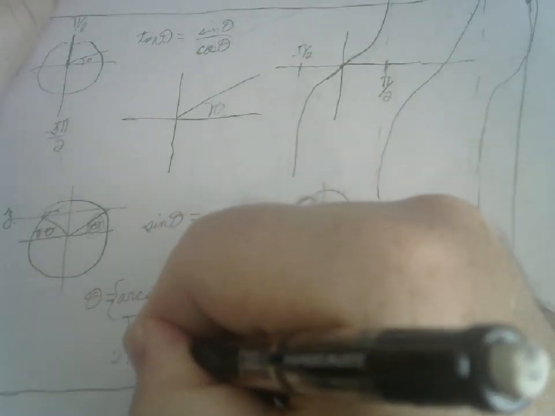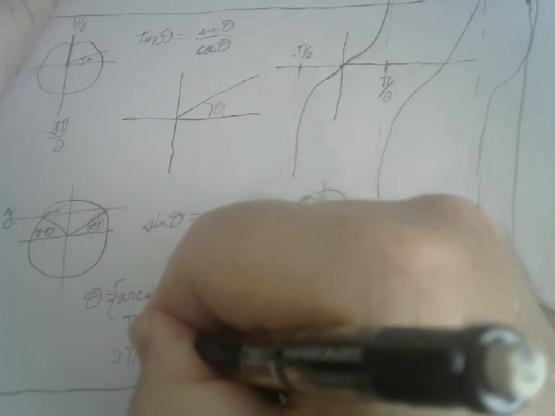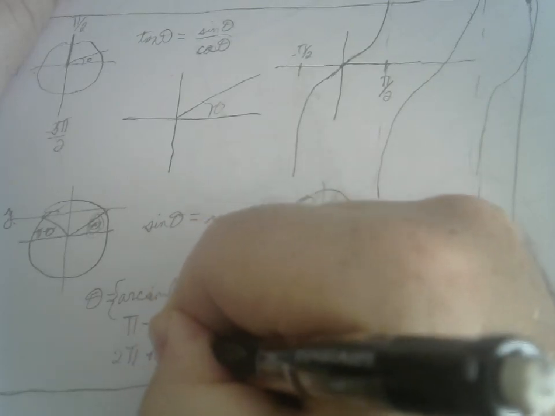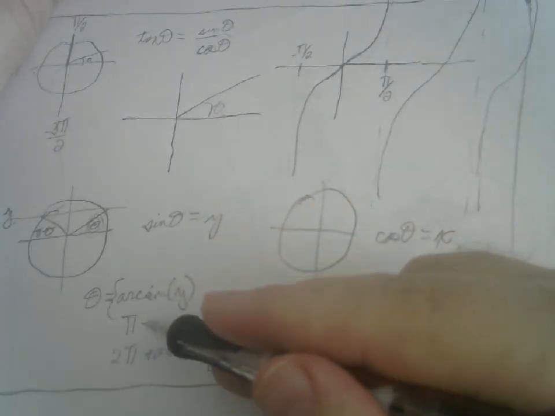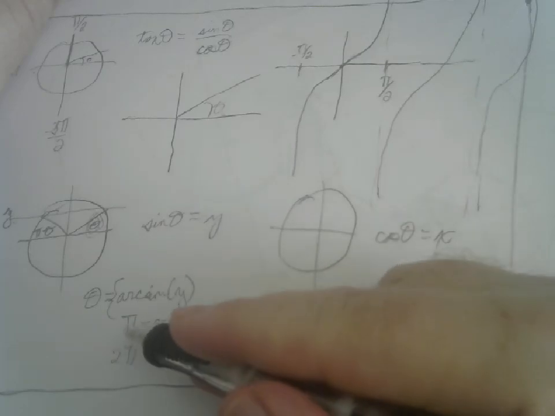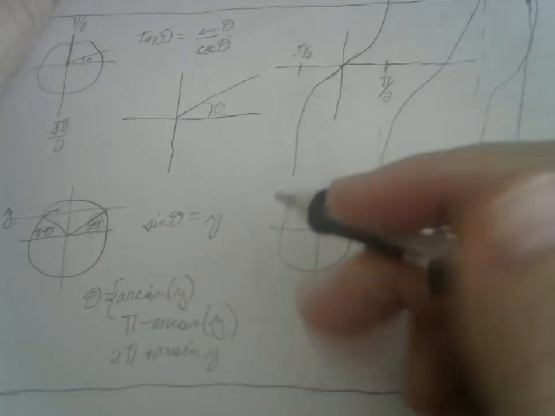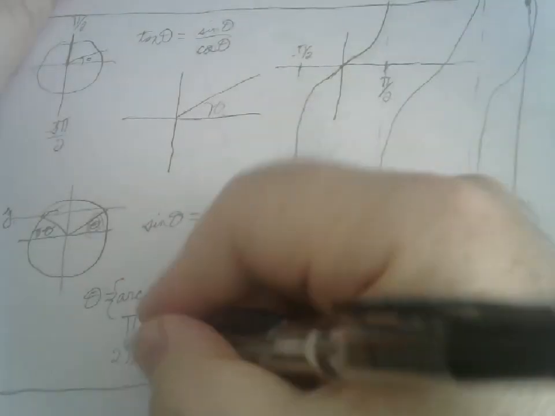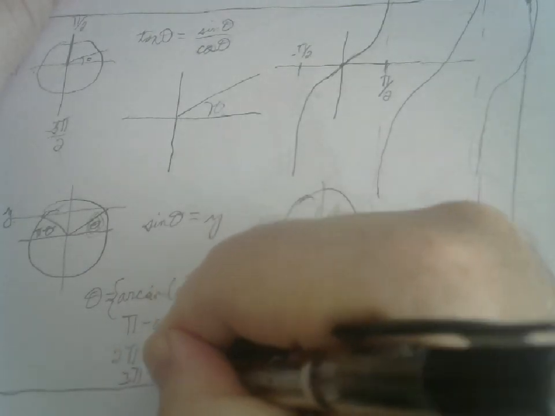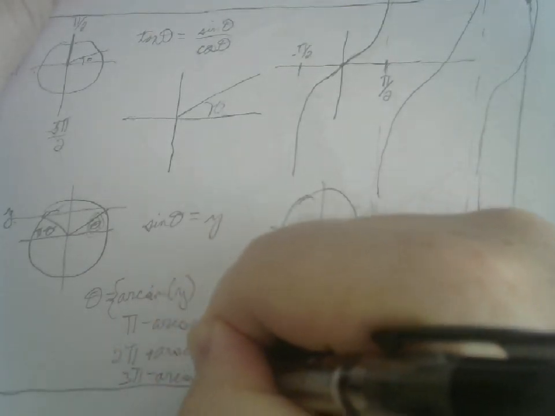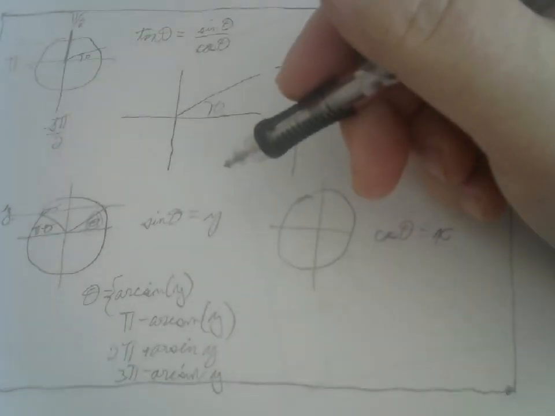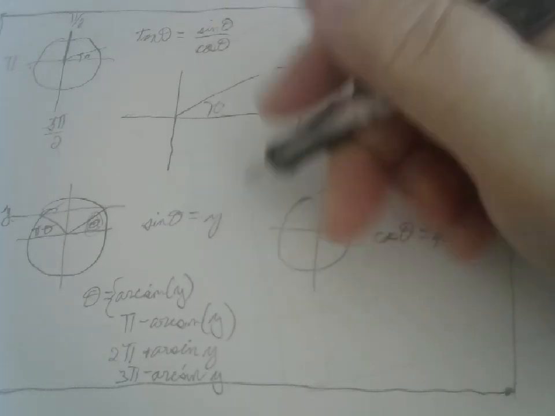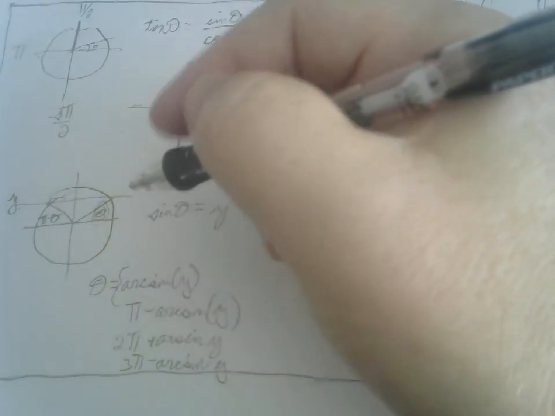Let's actually say 2 pi plus arcsine y and 2 pi plus pi minus arcsine y. So 3 pi minus arcsine y. And you can continue with that pattern using some value like k representing integers.